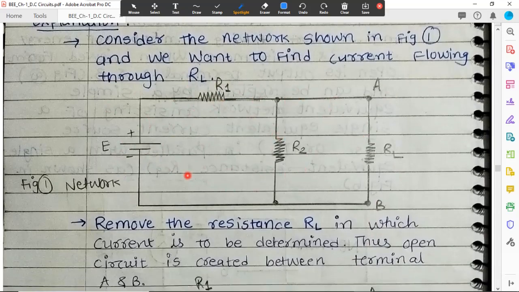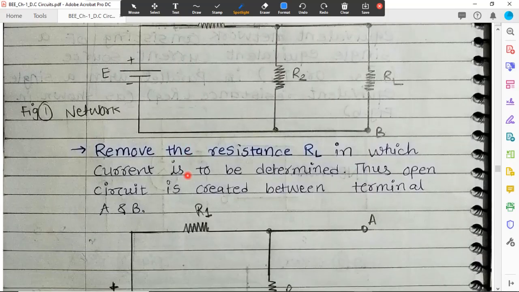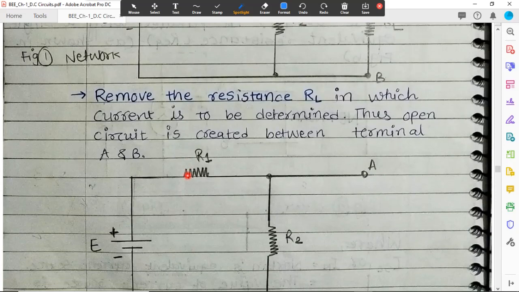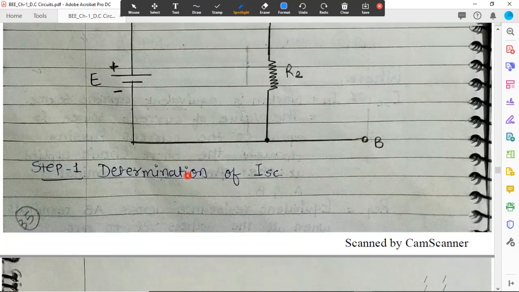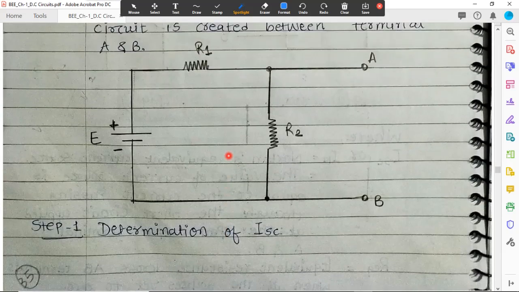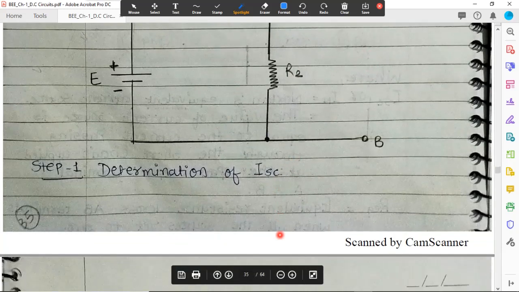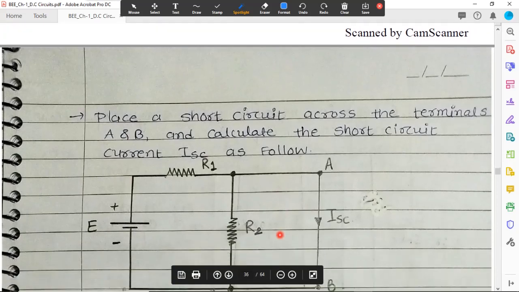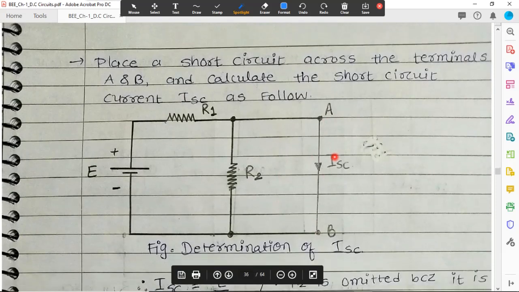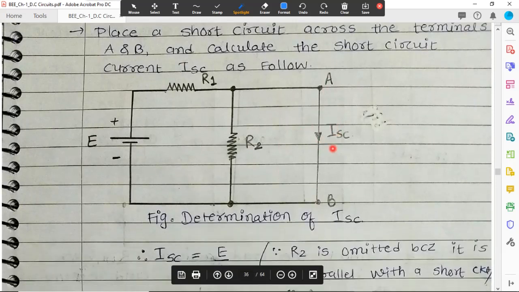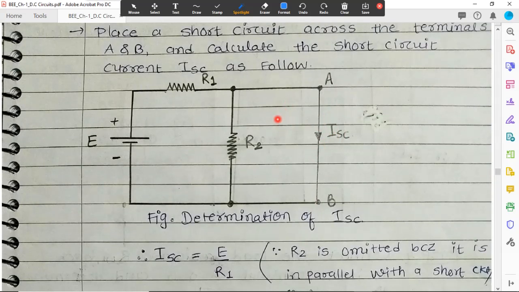First of all, we have to measure the short circuit current. For the determination of ISC, we have to short the terminal AB and find the current flowing through that branch AB. This is the first step: short both ends A and B and find the current through that branch, ISC.